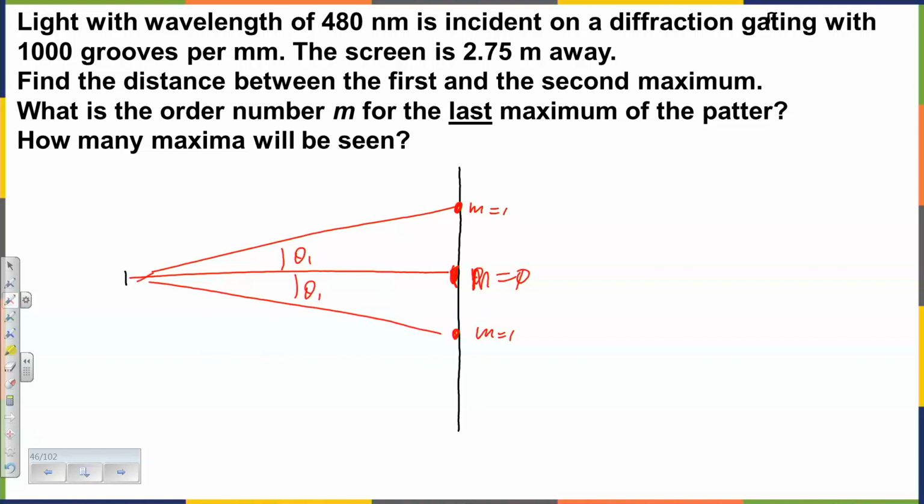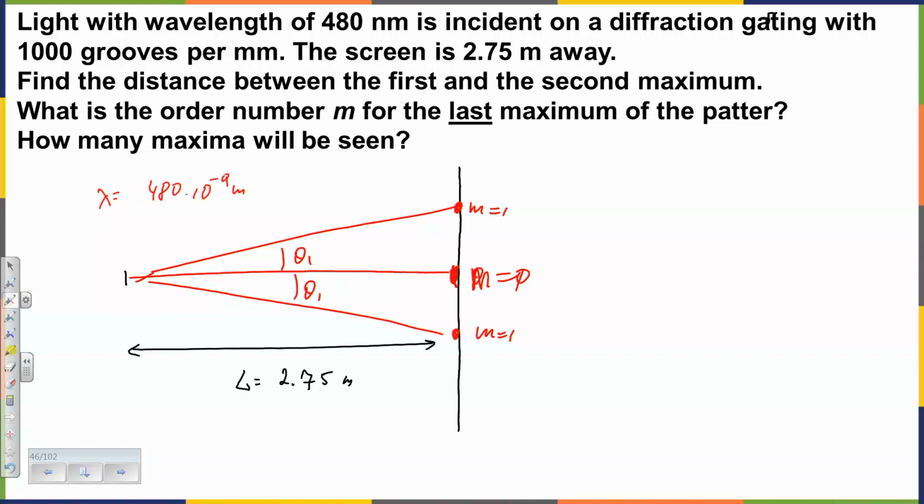The distance from the grating to the screen is 2.75 meters. The wavelength equals 480 nanometers. And what else do we know?